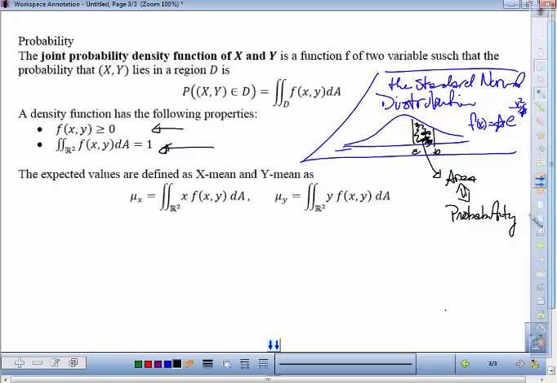Probably misspelled that. So, for example, if we say that the average height of males is 65 inches with a standard deviation of, I don't know, 0.6, 1.2, something like that.